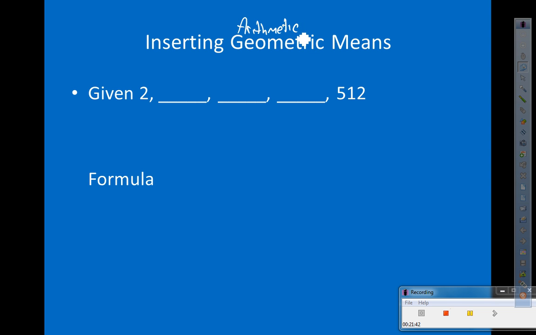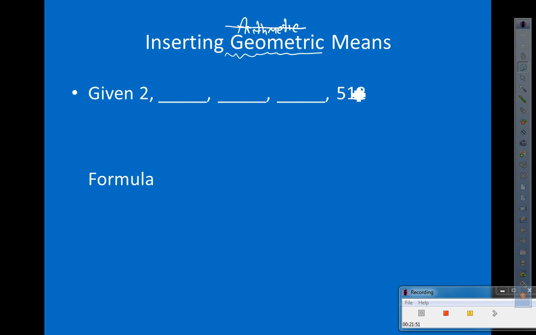So of course we used the arithmetic formula. I will have to tell you if I want it to be arithmetic or geometric. In this case, I want it to be geometric, which means you're going to find some number. And we're going to go 2 times that number to get another number. And then times that number again and again, and hopefully we hit right there.